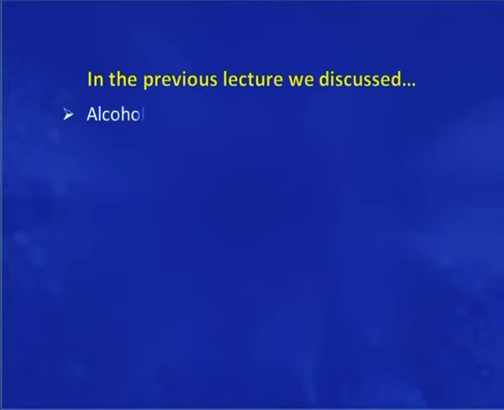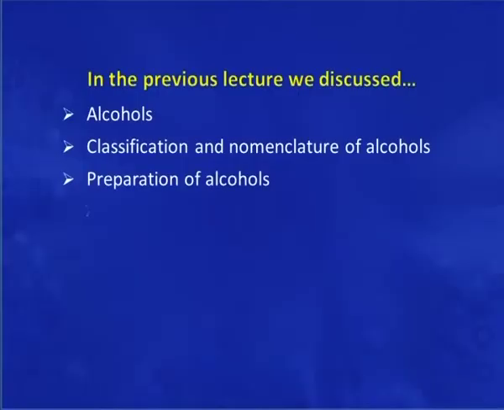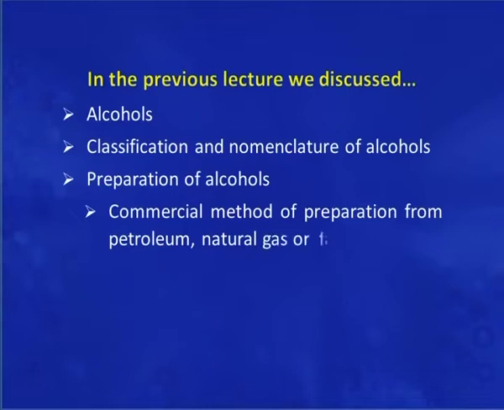In the previous lecture, we discussed alcohols, the classification and nomenclature of alcohols. We discussed the preparation of alcohols, including the commercial methods of preparation from petroleum, natural gas, or fats and oils.